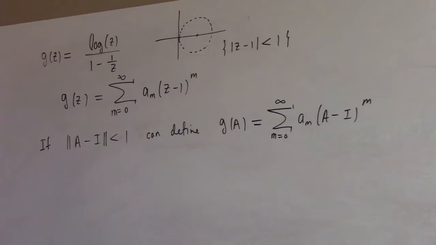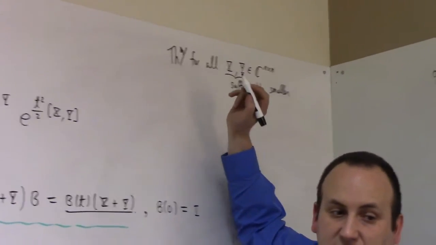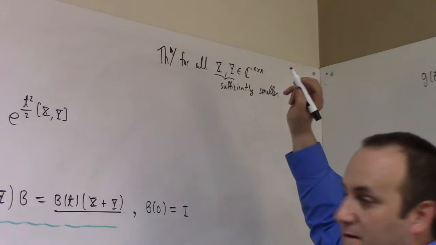Theorem: for all x and y in C^(n by n), and it's actually not for all, it's for all sufficiently small. This is not a global result. The Campbell-Baker-Hausdorff series diverges for matrices which are not sufficiently small.